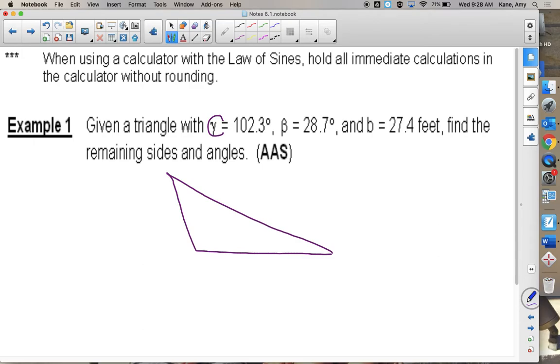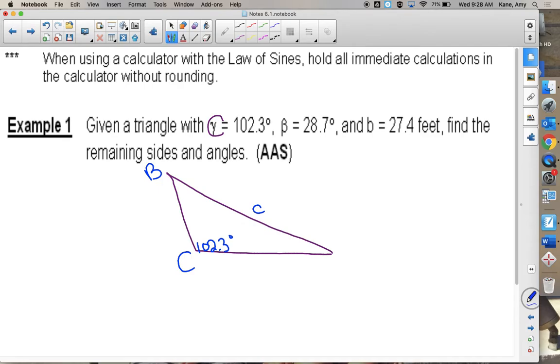And that is angle C at 102.3 degrees. I'm going to label side c right across it. The other two, it doesn't matter where you place them. So totally up to you. We have angle B. You can place it at the top. You can place it at the bottom.